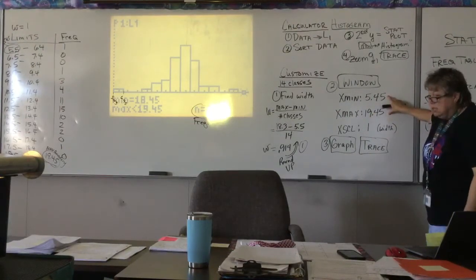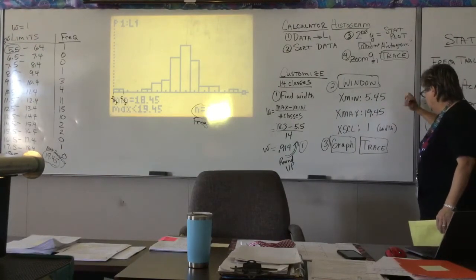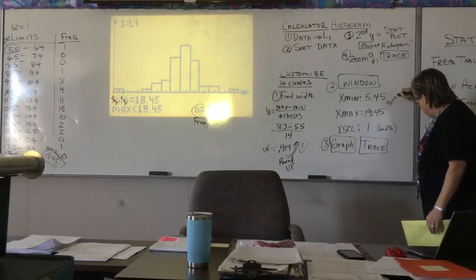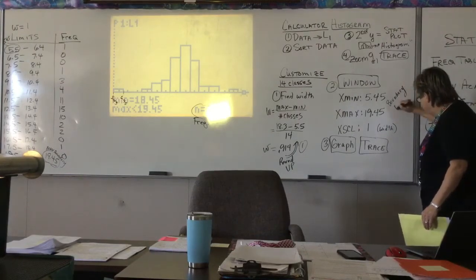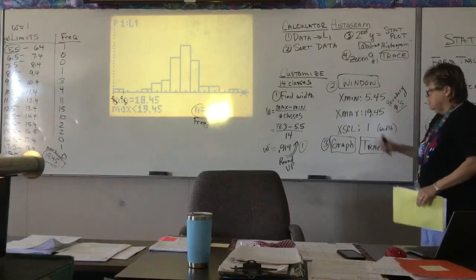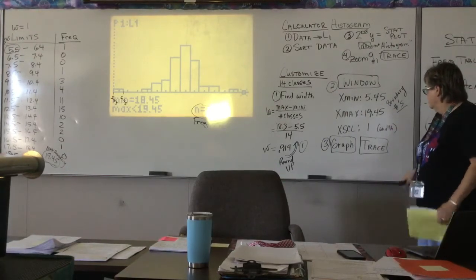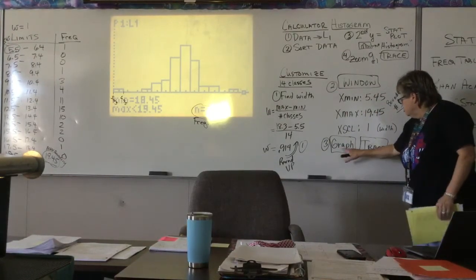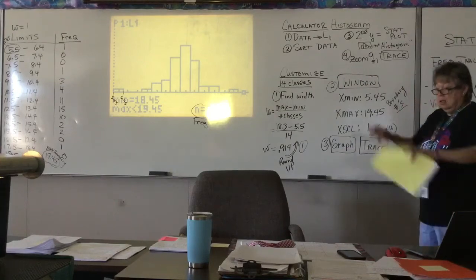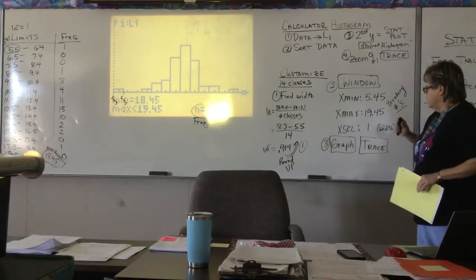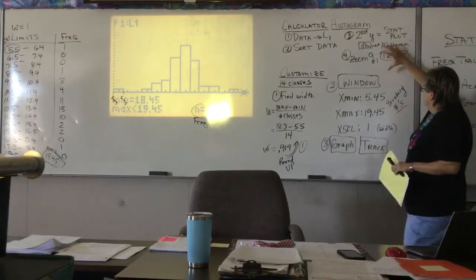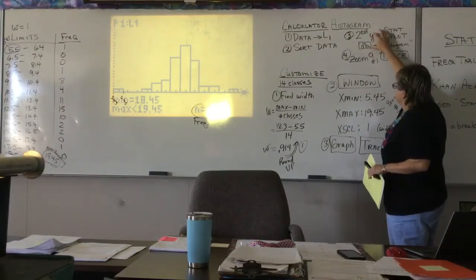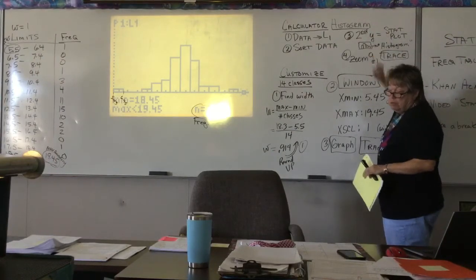They will not be limit numbers. Remember that. Window has to be boundary numbers. That way we're continuous and the x-axis works. Once everything's set up, you can press graph and trace, and it'll get your histogram. And again, I'm assuming that the second stat plot is already turned on for you.